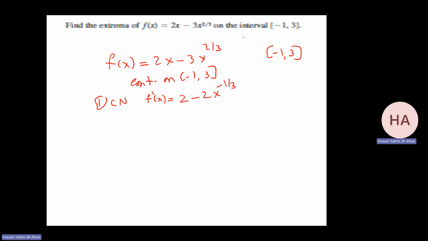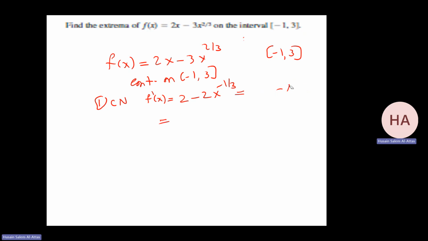Over 2, 2 minus 2x to the power minus 1/3. So that will be 2. I take 2 as a common factor, and I have 1 minus x to the power minus 1/3 equals 0. This is the function, and I can rewrite it.